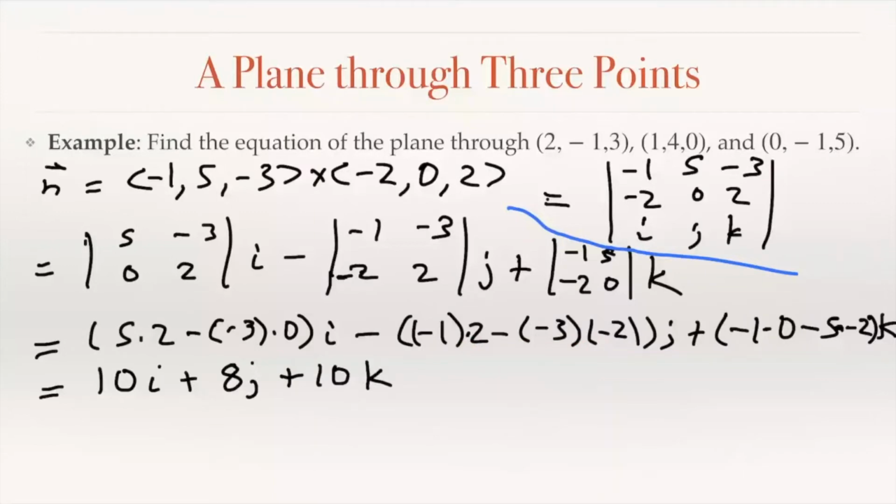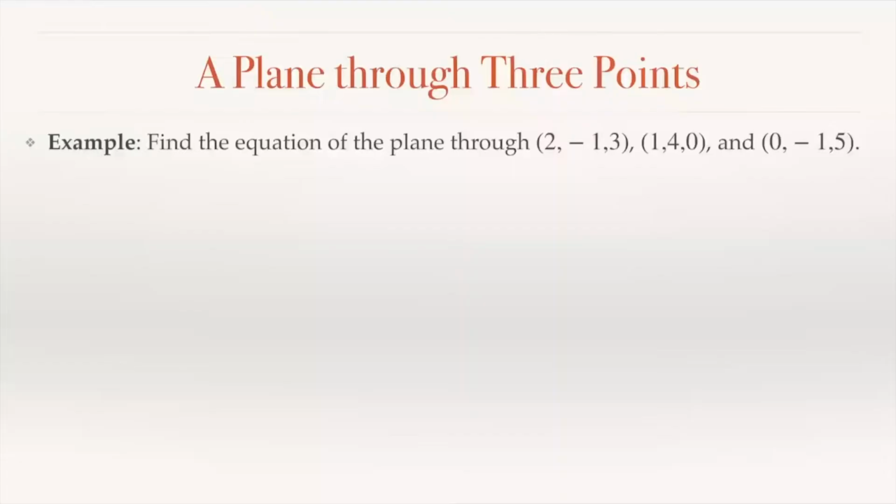Okay, so we now have a normal vector to the plane. So we know that a normal vector to this plane is 10, 8, 10. And we can choose any one of these points to be our point P on the plane. That can be our P naught.